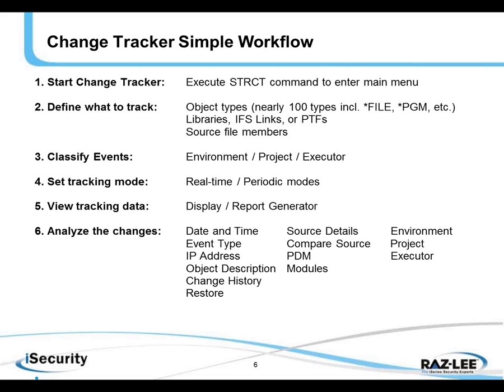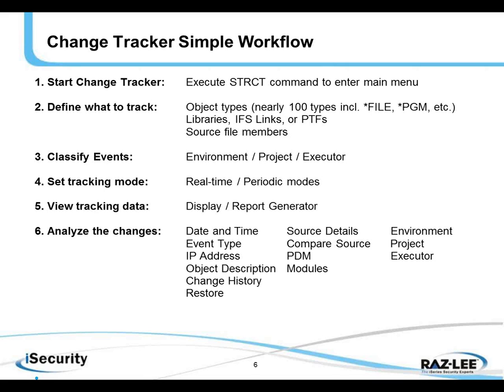Change Tracker has a relatively simple workflow. You begin Change Tracker by executing the STRCT command. You define what to track: the various object types, the libraries, IFS links, source file members. You can classify the events, as I said earlier: environment, project, executor. We set the tracking mode, whether we're going to track in real time or periodically.